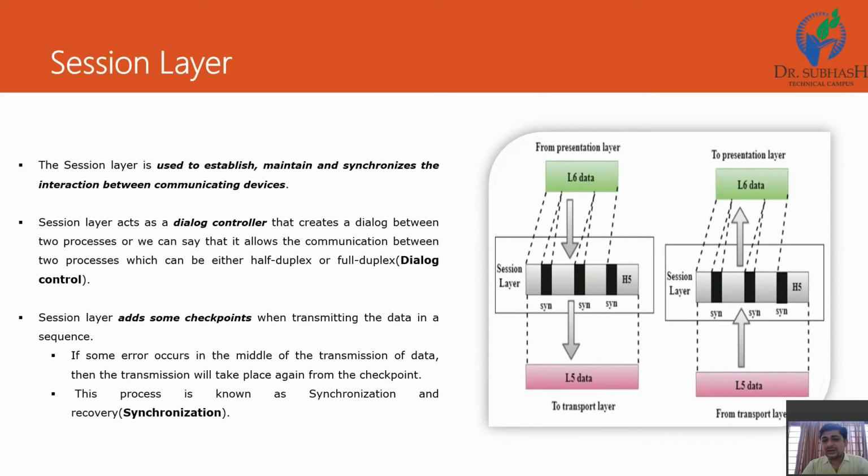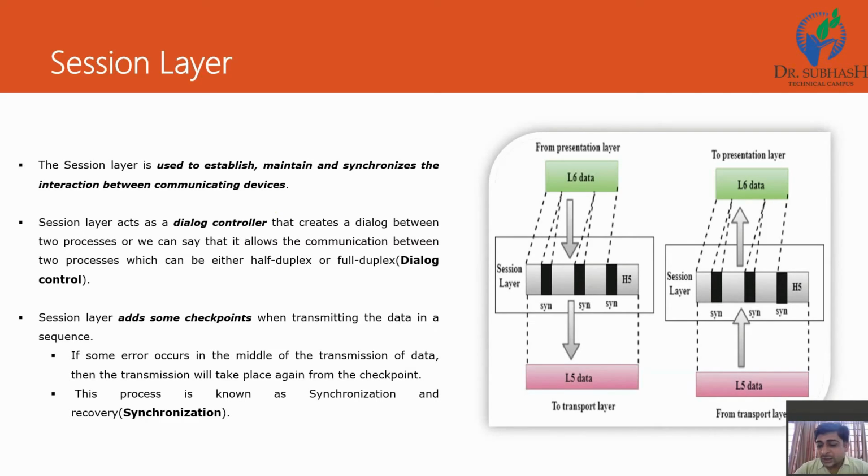So what is the functionality of the session layer and how does it work? It is used to establish, maintain and synchronize the interaction between communicating devices. Two persons may communicate in a computer network.